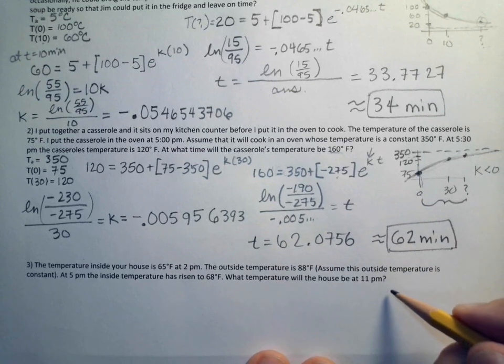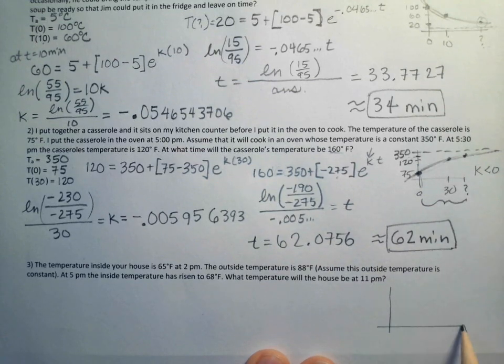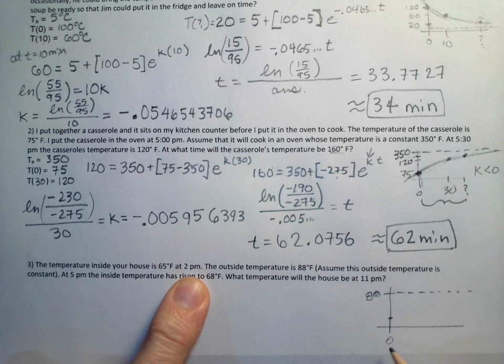All right, so what's happening is the ambient temperature outside, 88 degrees. That's our asymptote. The house is starting at time 0. We're saying at 2 p.m. the house is at 65 degrees.